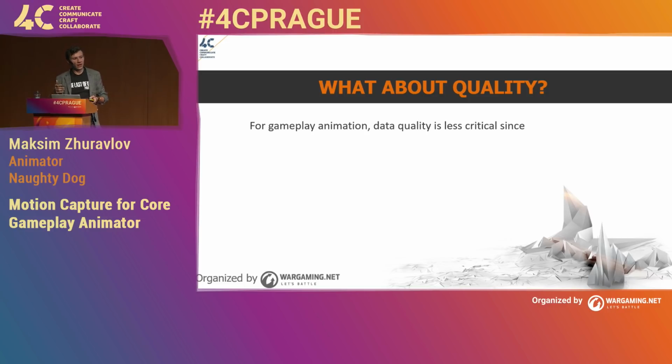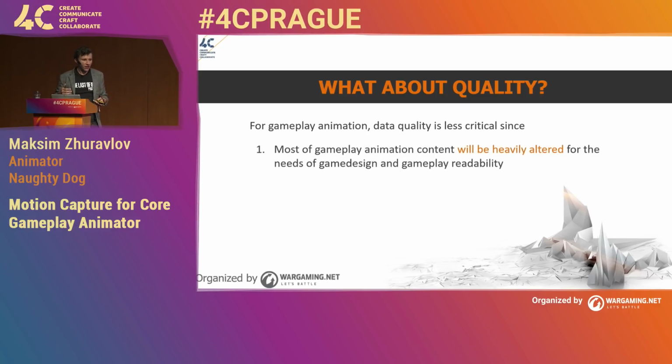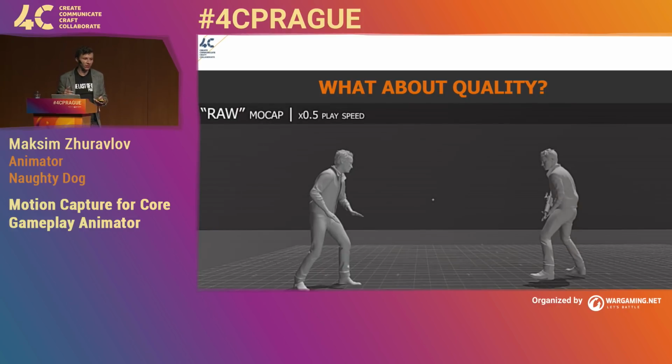But I have a strong belief that you can still do a lot even with lower quality mockup solutions. The reason is that most gameplay animation is heavily altered. Even in very realistic games, where designers allow us to go way slower than, let's say, Doom, it's still much faster than real life.